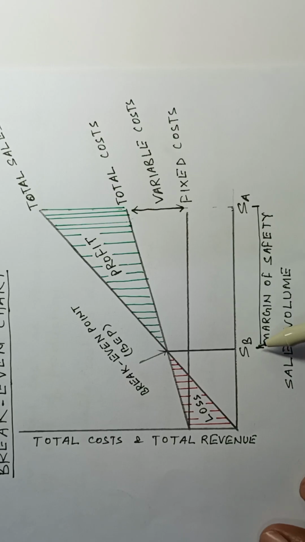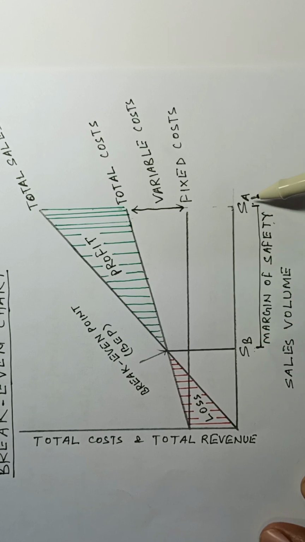Means here SA minus SB, which gives the value of margin of safety. Means this one is actual sale and this one is sales at BEP. And difference means when you deduct BEP sales from actual sales, you will get margin of safety.